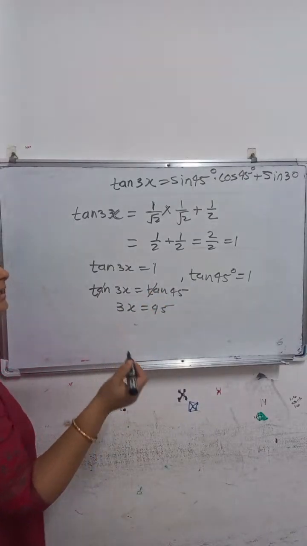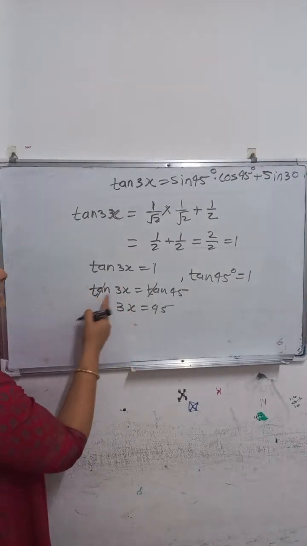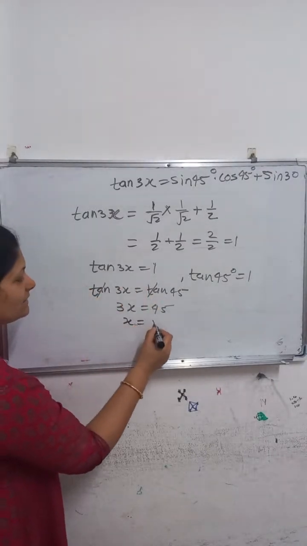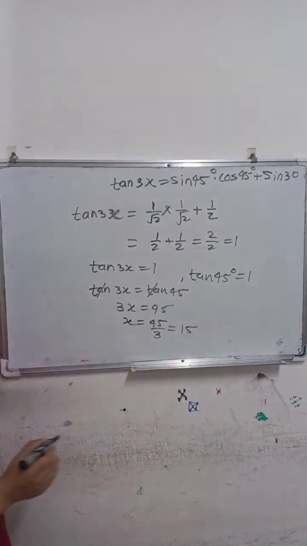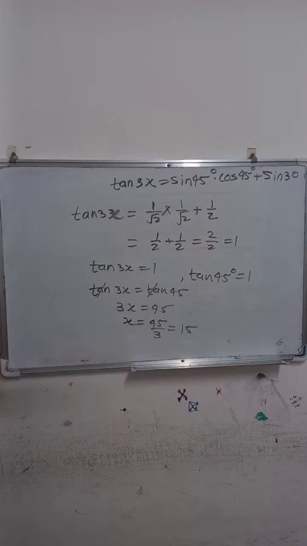Okay, in short we are taking the inverse, but that you don't have. Tan and tan get cancelled, then x is equal to 45 by 3, that is nothing but 15. Can you get it? How to find out the value for x? Maybe they will change the values or maybe they will change the equation, but sometimes they can ask to find out the value for x. So these are the required operations to get the value for x.